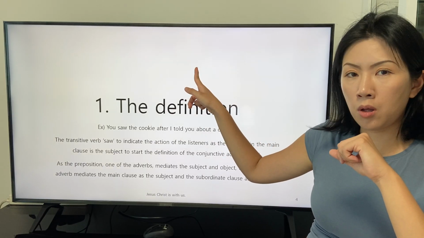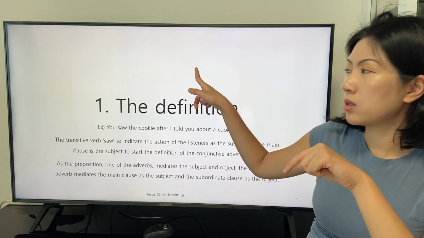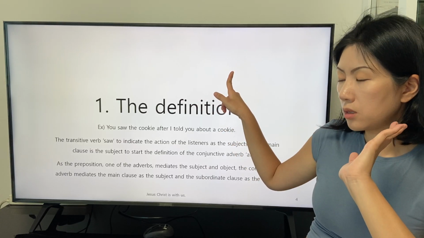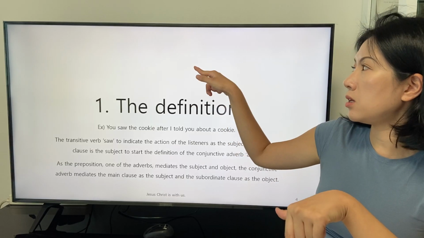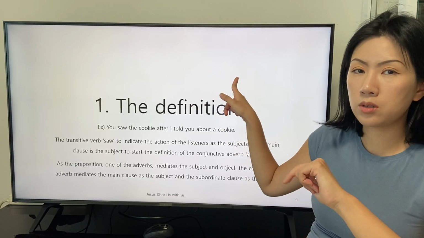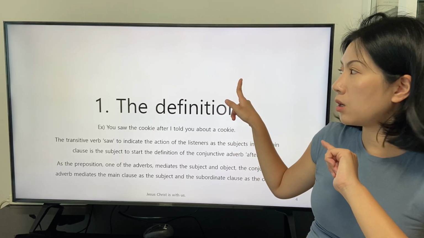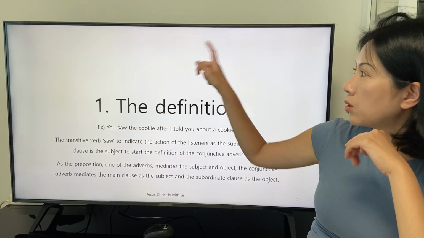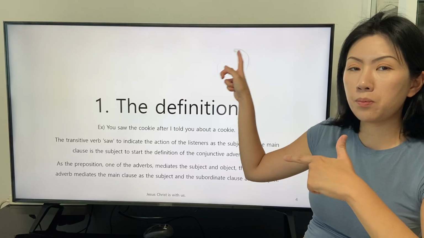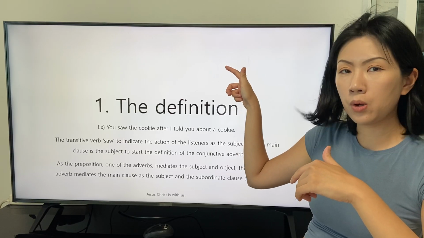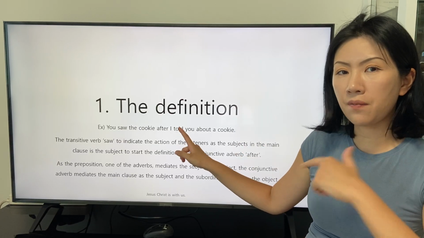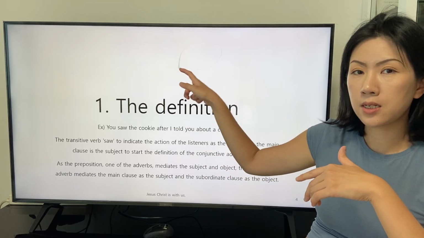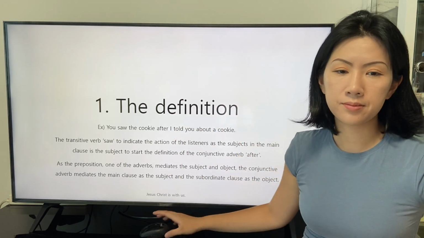This one is the prior one, the previous one. This is the later one. So after belongs to saw. So the definition of the transitive verb saw belongs to the later one. So the definition of the transitive verb told inevitably belongs to the previous part.